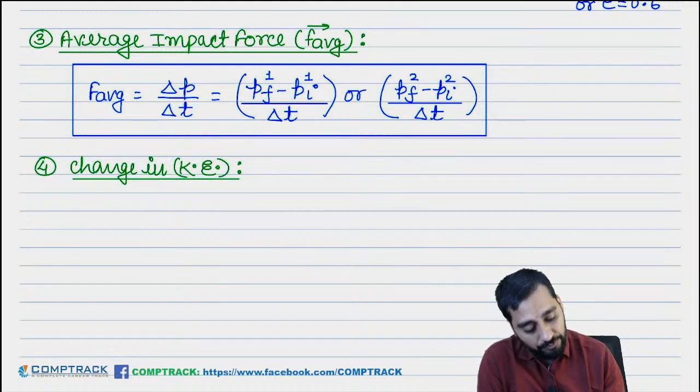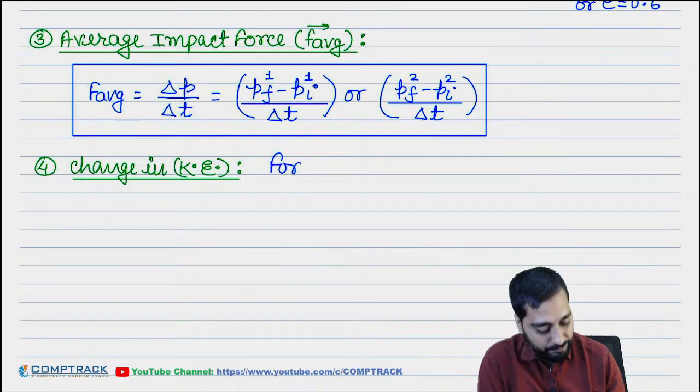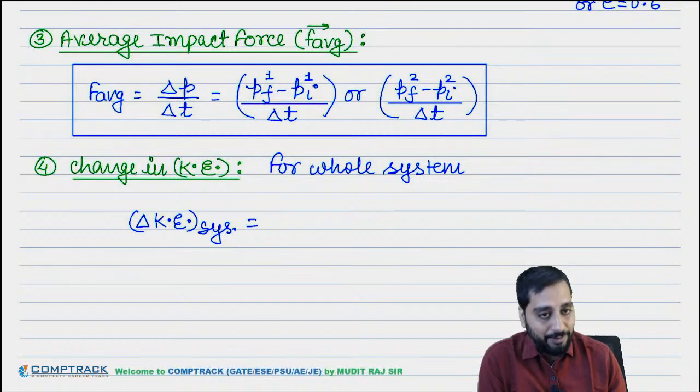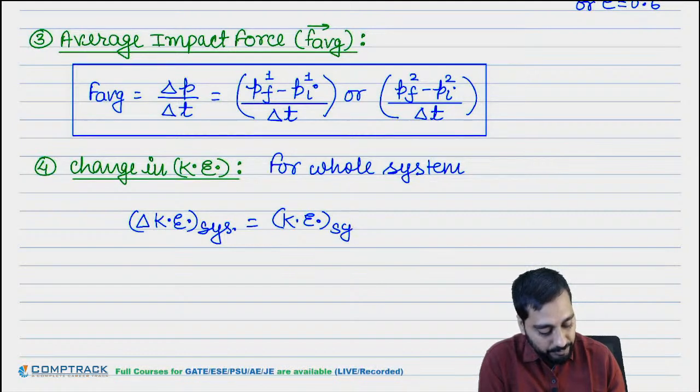So for the whole system, change in kinetic energy of the system will be equal to final kinetic energy of the system minus kinetic energy of the system initial.